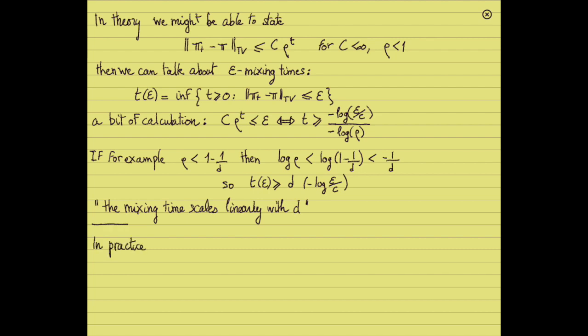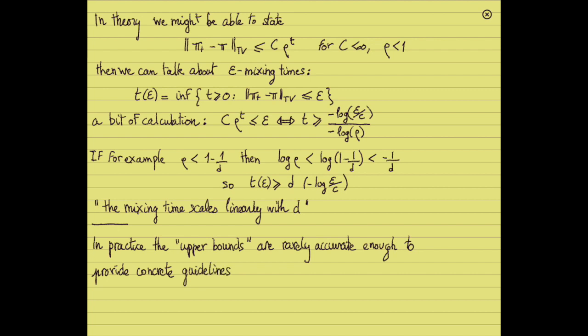Now, of course, in practice, it's a bit more difficult because the upper bounds that we will get in our geometric ergodicity results will rarely be accurate enough to translate into a concrete guideline. And so, for example, you might know some things about C and rho, the constants in the above inequalities. However, you might not know exactly what values you should take for those constants in practice.